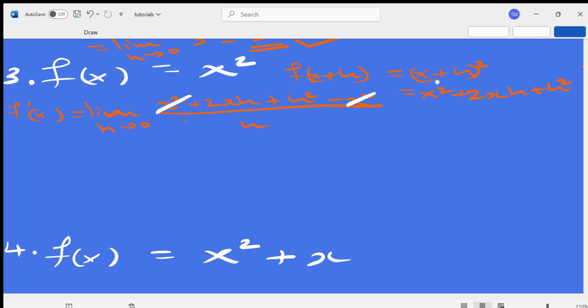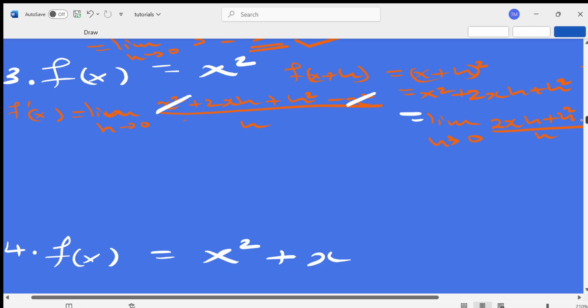Then our limit is going to be the limit as h goes to 0 of 2xh plus h squared all over h, and then we can factor out h and simplify.